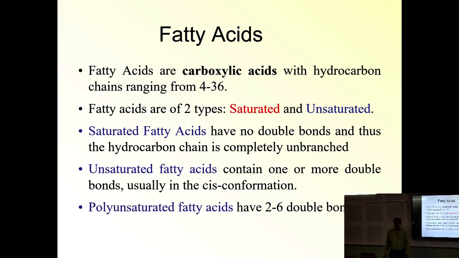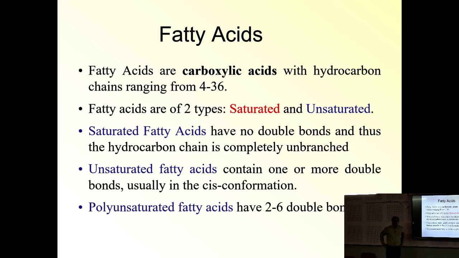Now, if anyone asks you what is meant by fatty acid, you cannot just say CH3, CH2, CH2, COOH. Okay. Acid means you must show the structure. With COOH at the end, it is called a carboxylic acid with a hydrocarbon chain ranging from 4 to 36.